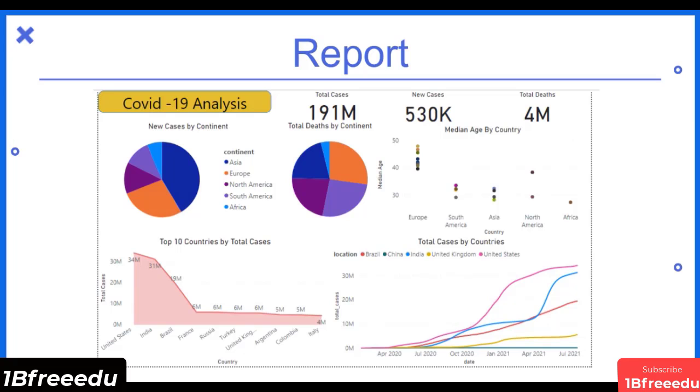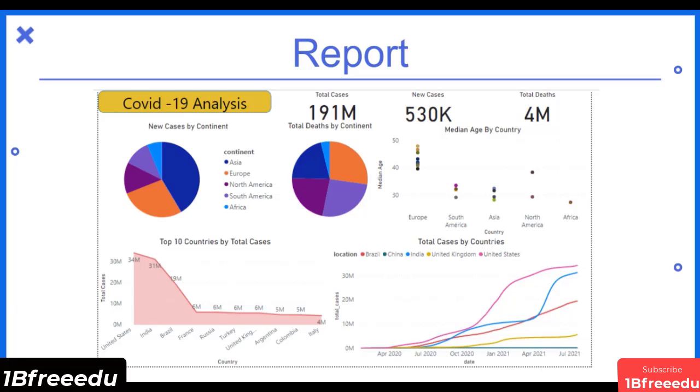I have created this fully in Power BI, and it makes use of the very simple visualizations of Power BI. As you can see, we have got area charts, line charts, pie charts, cards and scatter plots. This is a very simple and an interesting way to showcase the information.